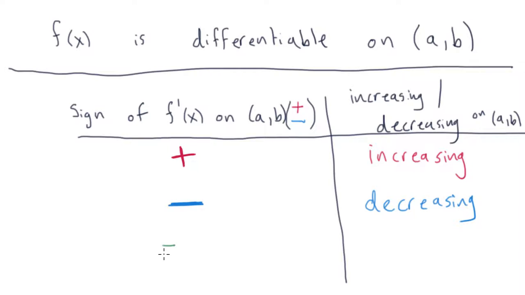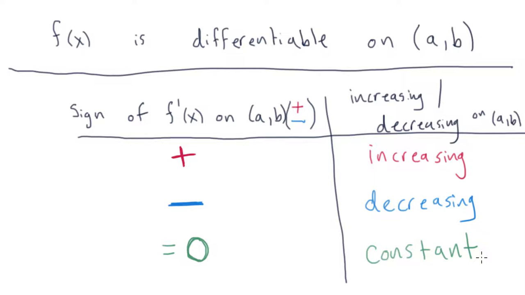The sign of f prime could be 0. And if the derivative of a function is 0, in other words, f prime of x is equal to 0 on all of (a, b), well then actually f is constant. It's not increasing or decreasing. It's just equal to some fixed real number.